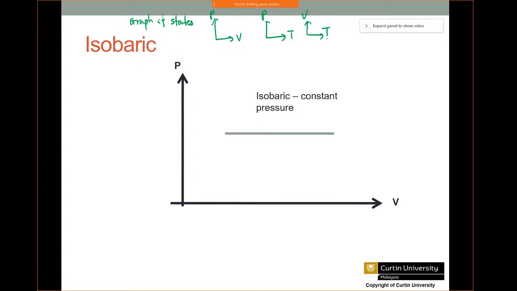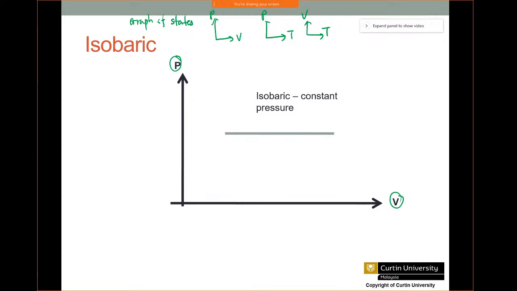It's actually related with your Charles's law, your Gay-Lussac's law, your Boyle's law. A good news for you, in your syllabus you will only encounter the PV graph. PT or VT graphs you will encounter in your degree. So we will only introduce PV graph to you.